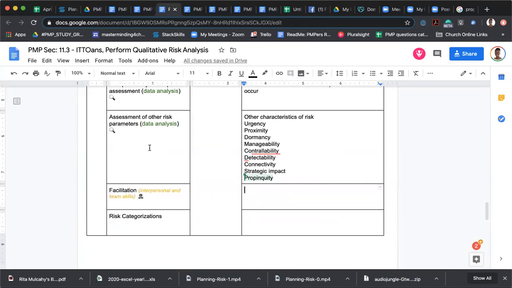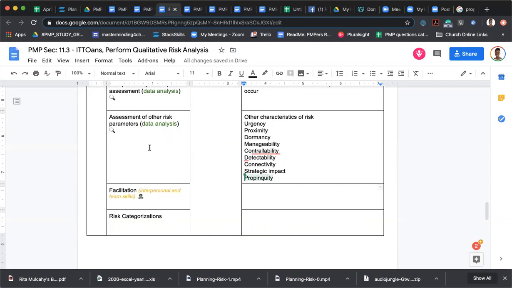But anyway, a skill facilitator can help participants to remain focused on the risk analysis task, follow the method associated with the technique accurately, reach consensus on assessments of probability and impacts, identify and overcome sources of bias, and resolve any disagreements that may arise. So facilitation is up there.